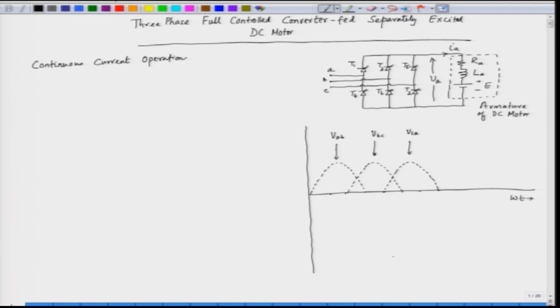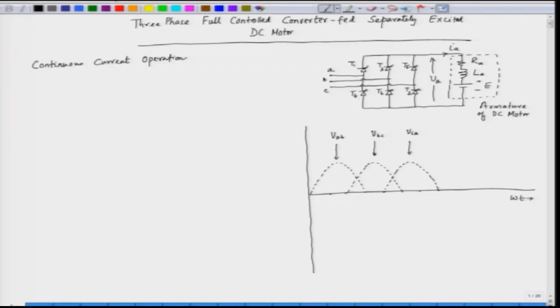We have to also draw the negative of these voltages, that is VBA, VCB and VAC. So, the reverse of this voltage, let us say VAB, we have here VBA.